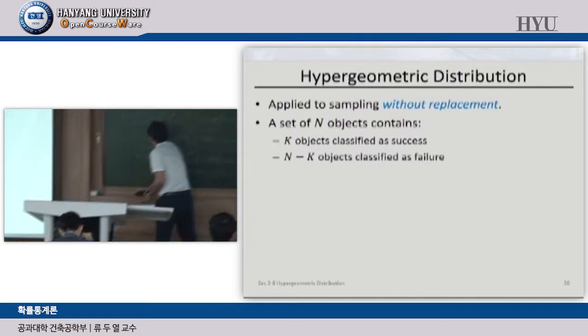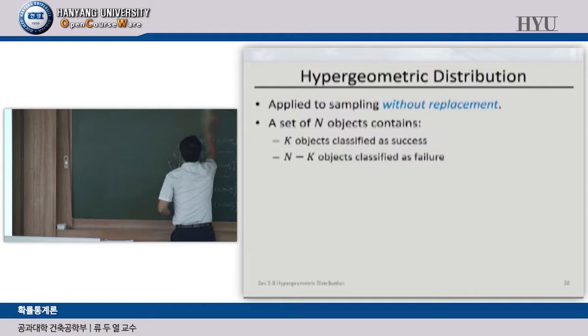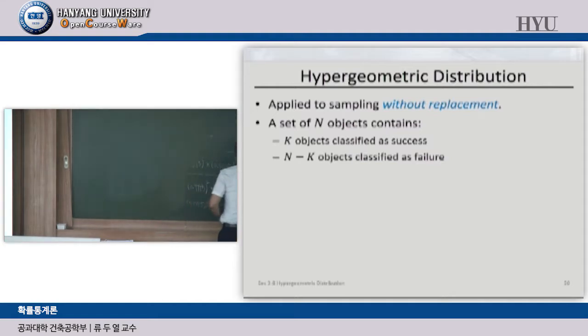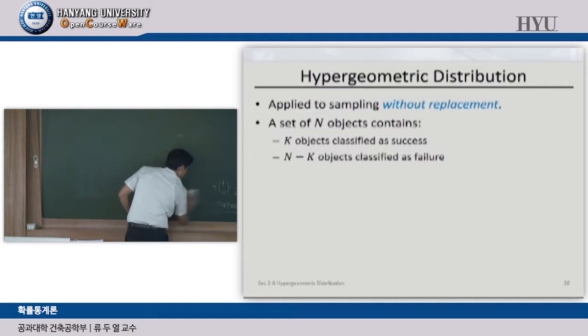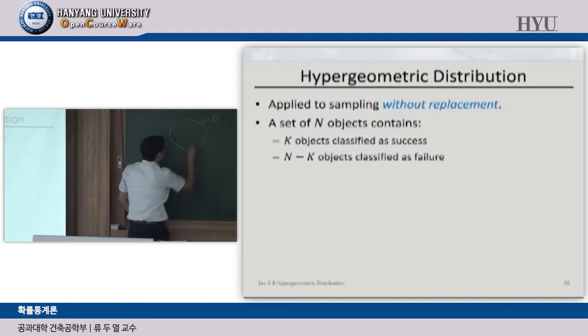That means we can simply draw this circle, and this is called large N. And this contains two parts.